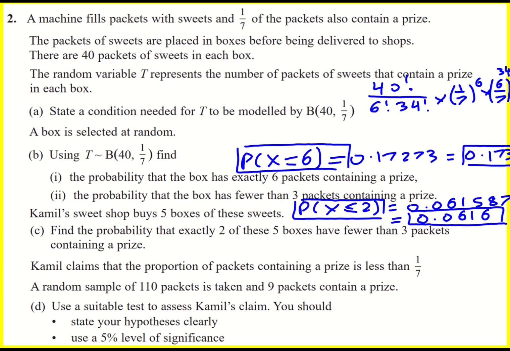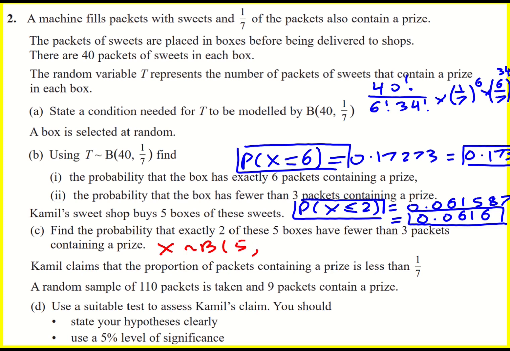Okay. We're told that Camille's sweet shop buys 5 boxes of these sweets. Find the probability that exactly 2 of these 5 boxes have fewer than 3 packets containing a prize. This is actually another binomial distribution. So I'm going to call it X. X follows a binomial distribution. We've now got 5 trials. We're trying 5 boxes out.